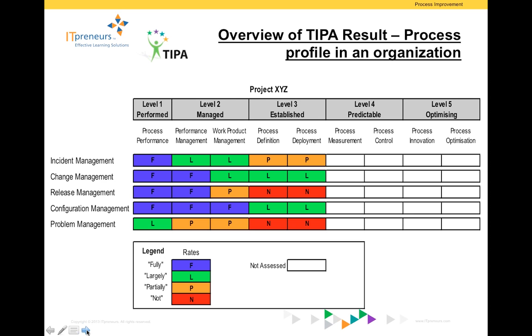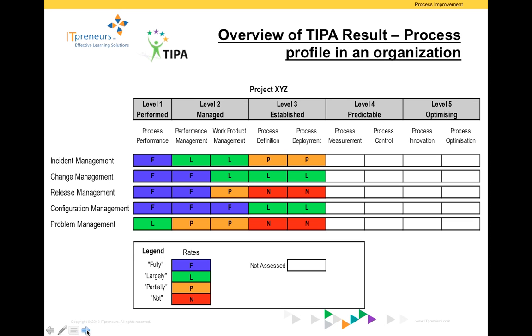So that being said, I would like to open a small parenthesis. TIPA being built for assessing specifically processes that have been defined based on ITIL is one thing, but you have other methodologies as well, i.e. the one that is produced right now by COBIT in their present version that also uses ISO 15504. So if you're going to conduct a maturity assessment with COBIT, it would be very similar.